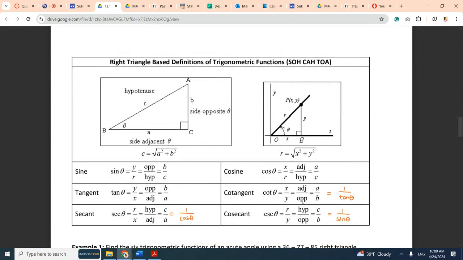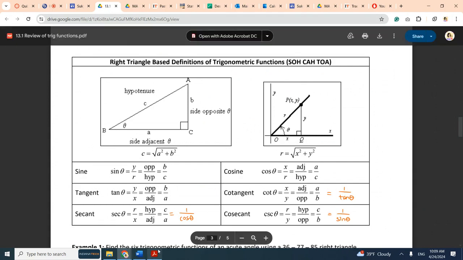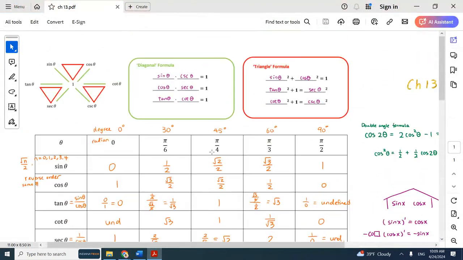Opposite over hypotenuse. Cosine, adjacent over hypotenuse. Toa, opposite over adjacent. Yes, everybody? Do you still remember? And then cotangent is the reciprocal of tangent. You still have the chapter 13 concept map?